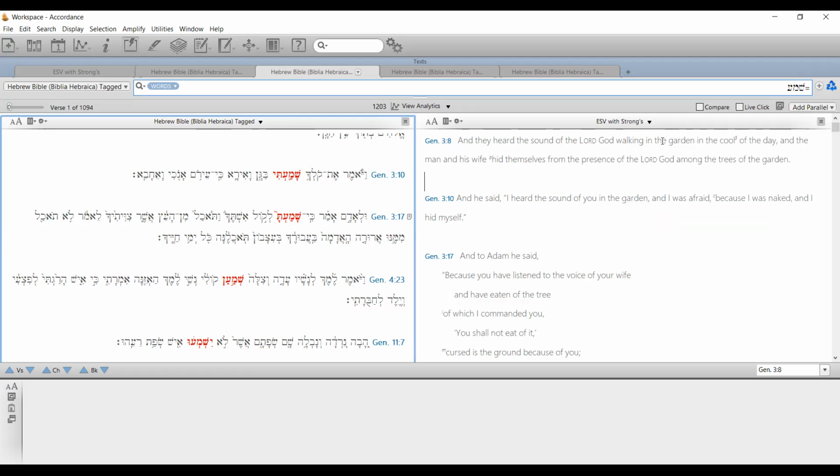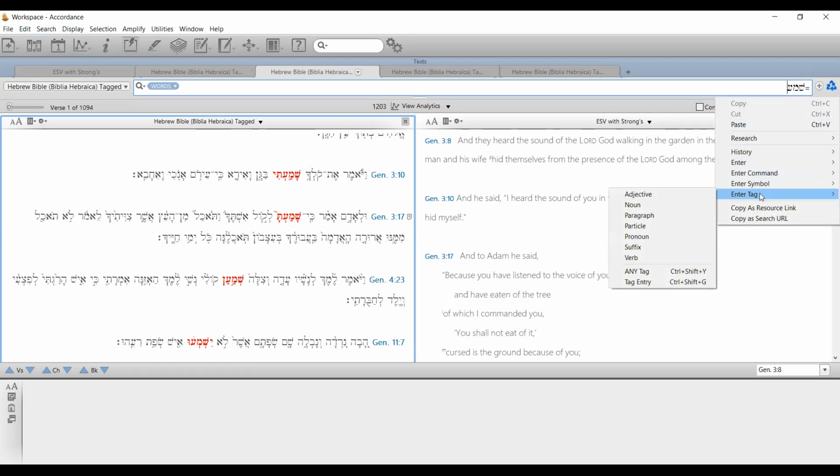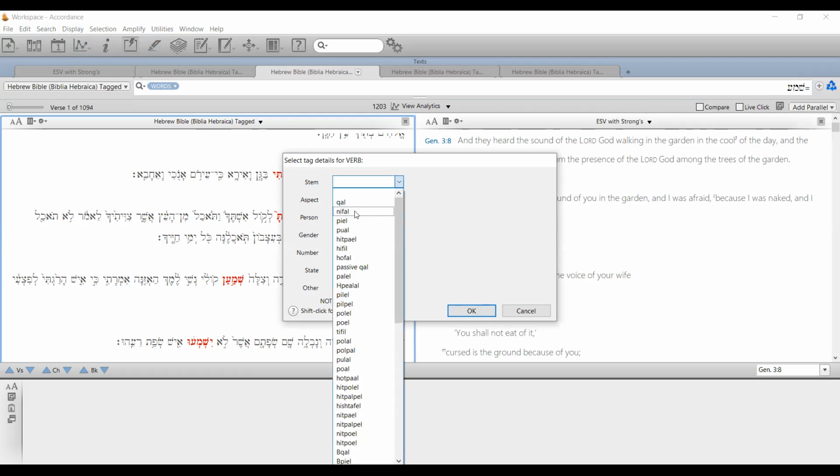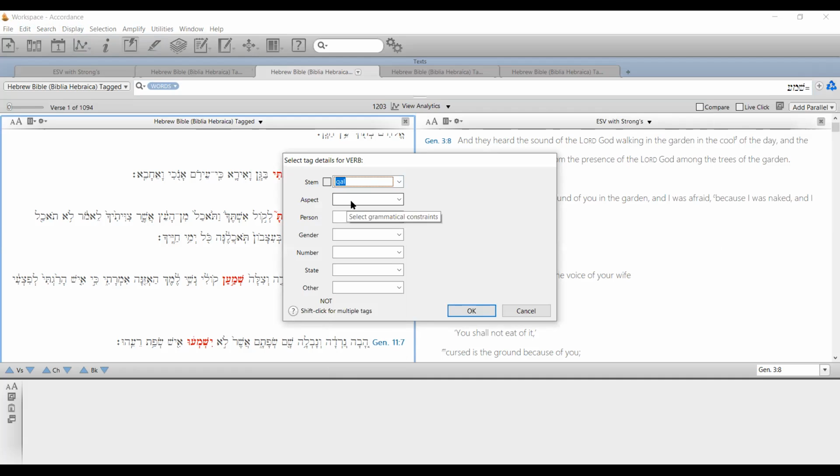I will choose this one, and after that I can add a tag. So I just right-click and enter tag. This is a verb, so I will add verb. For example, I'm interested in Qal, and I'm interested in imperative.